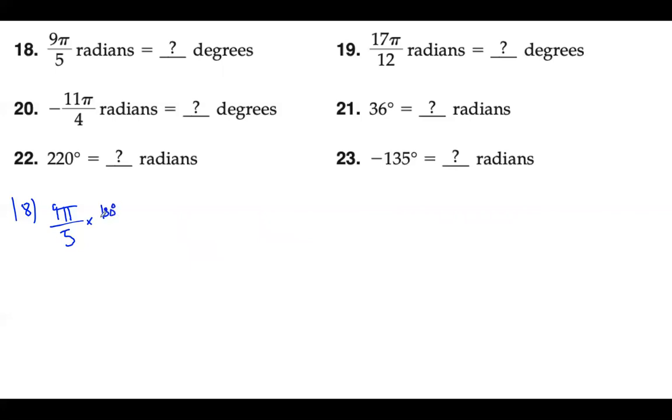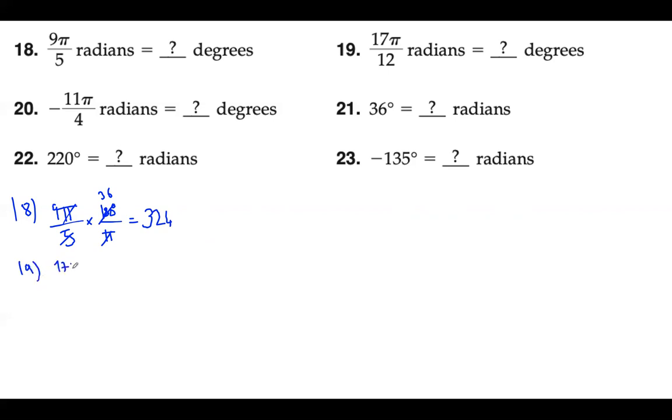If you want to convert from radian to degree, you should multiply by 180 over pi. So pi cancelled. 180 divided by 5 is 36. 36 times 9. You can make these calculations in the calculator, it will be much easier and safer. The answer is 324.